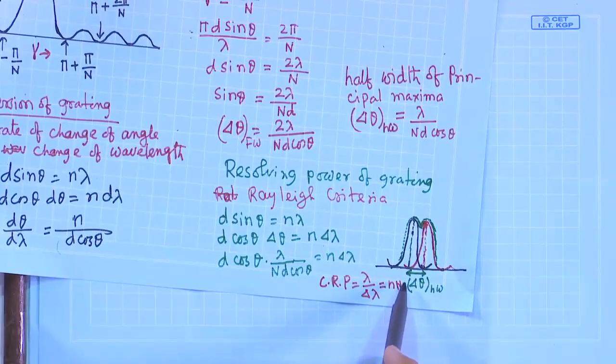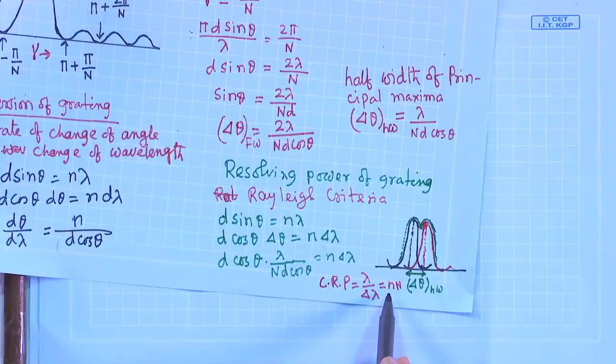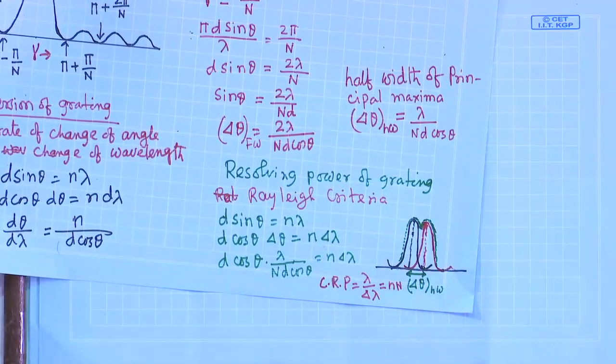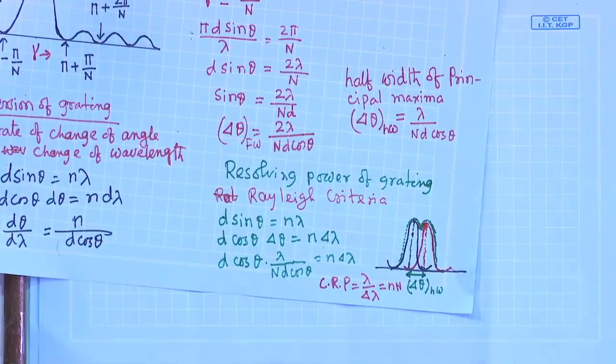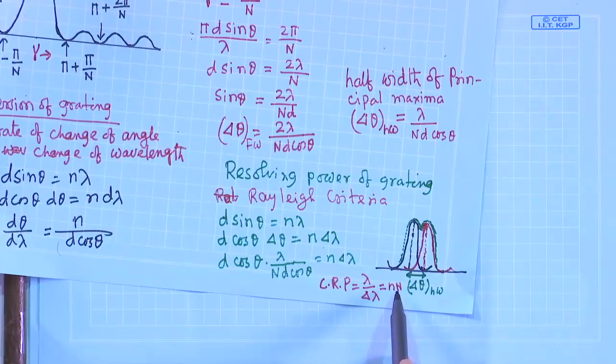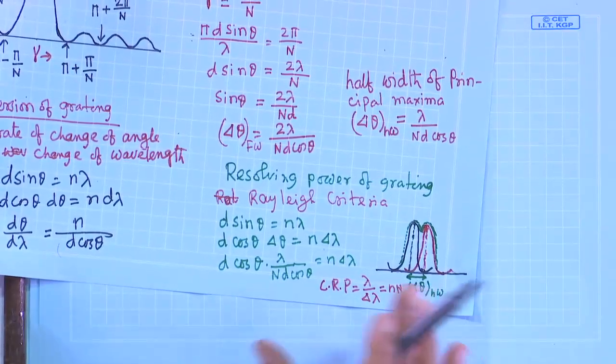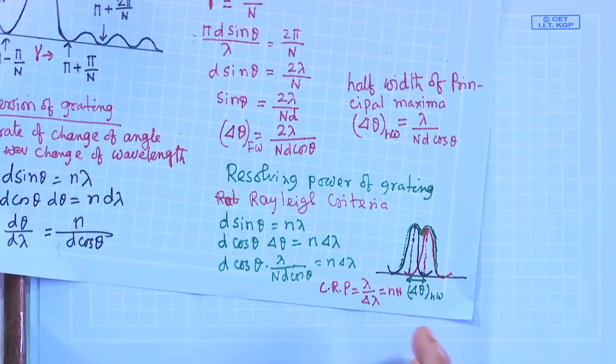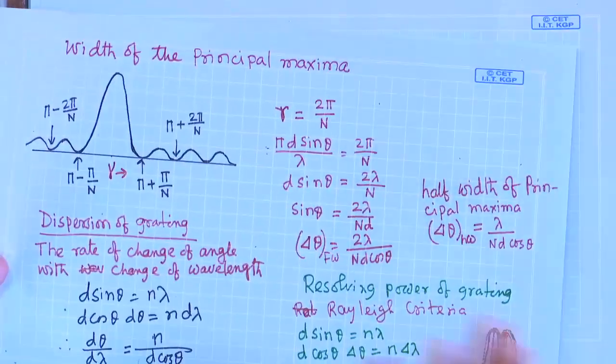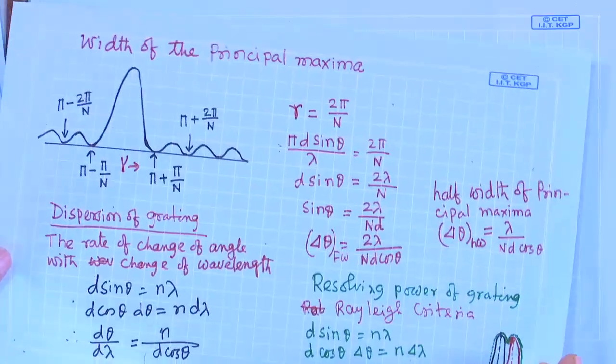It depends on the order of the principal maxima, as well as on the number of lines, the number of slits in the grating, capital N. So, that is what I wanted to say about Fraunhofer diffraction. I discussed single slit, double slit and gratings. We will demonstrate the experiment in the laboratory. Thank you for your attention.